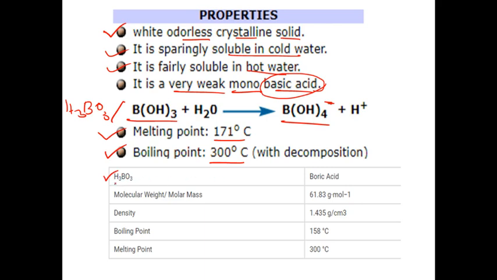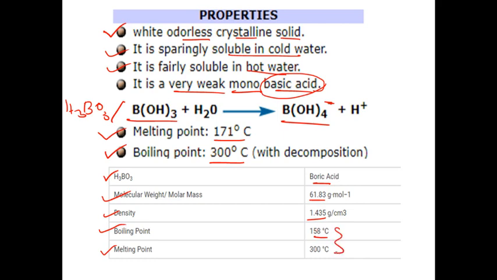Physical properties. This is boric acid, H3BO3. Molecular weight is 61.83. When you calculate the molecular weight, you will get this. Density is 1.4.